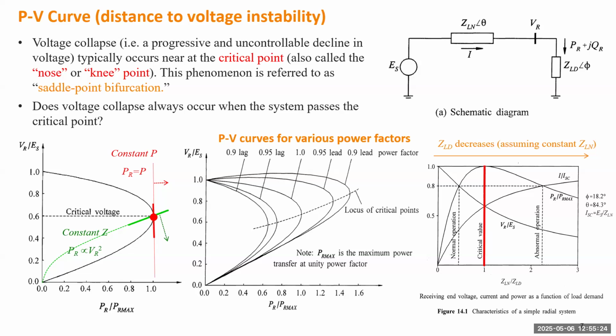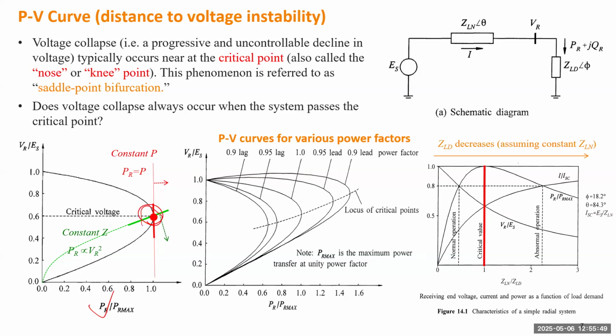By reducing the impedance, you increase the current, and so the load power of this impedance will first go up and then decrease. If we draw how the voltage changes with the power, we have this PV curve.